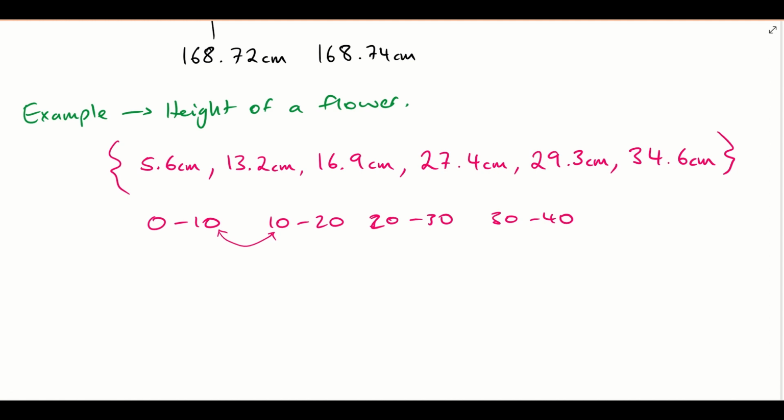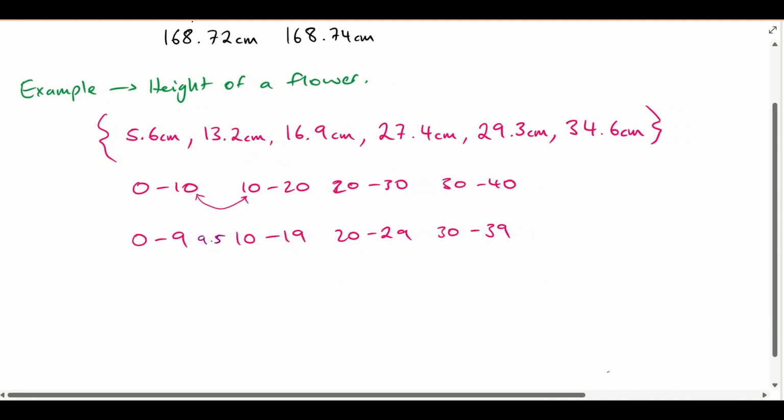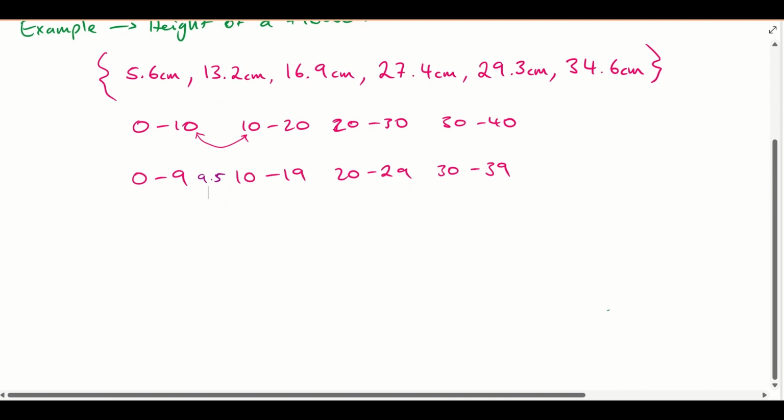So let's go, as we did before, from 0 to 9, and then 10 to 19, 20 to 29, 30 to 39. But now the problem is, what if you had 9.5? It doesn't have anywhere to go. So the trick is to write the class intervals like this.